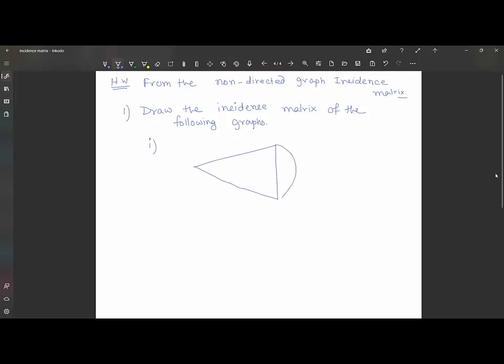So take this as a graph, and here just take one line and another vertex isolated here.